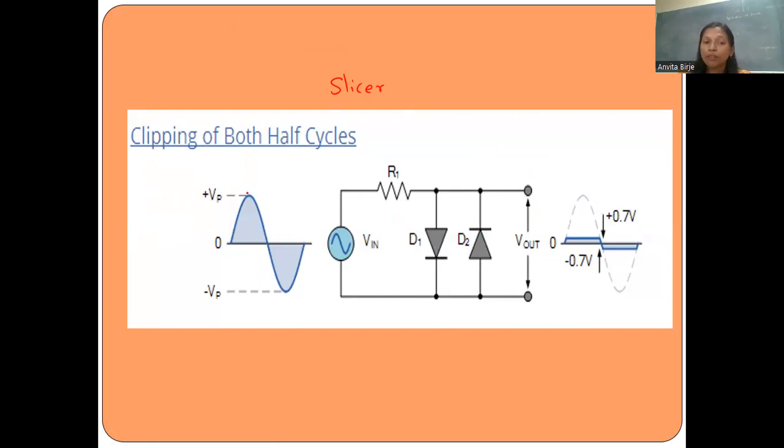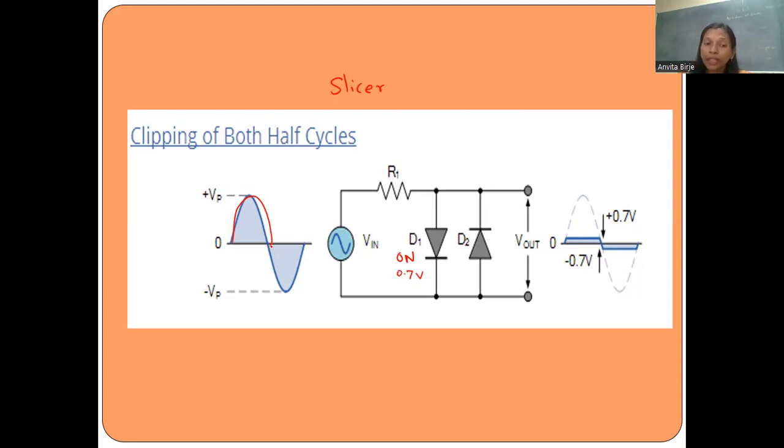So during positive half cycle, D1 is on, which acts as a short circuit in ideal case, and in practical case it acts as a source of 0.7 volt, voltage drop of 0.7.